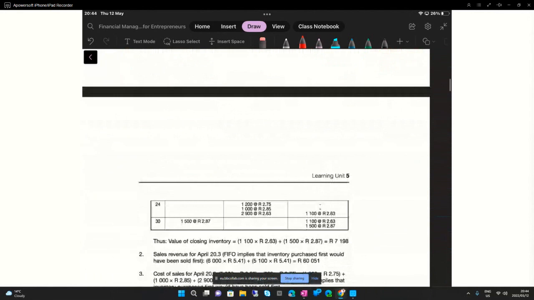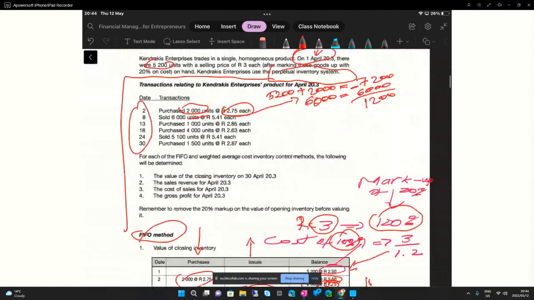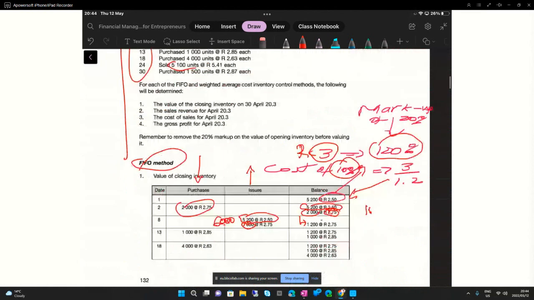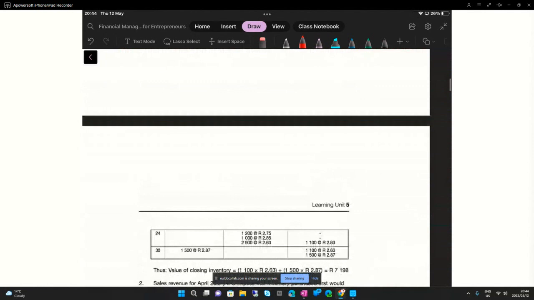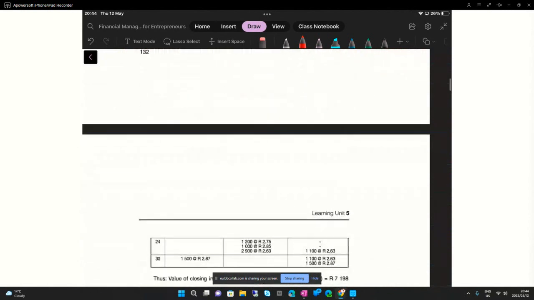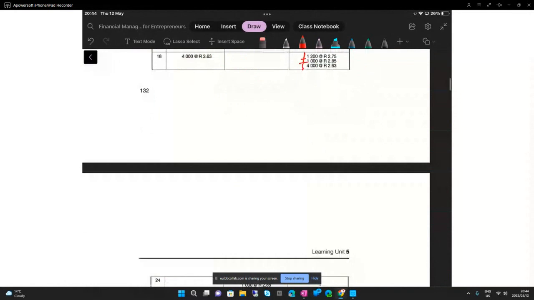And there is a sale, right? Another sale occurred because 5,100 units were sold on the 24th, right? So everything that came in first will go first, the second one will go second, and the third one after.